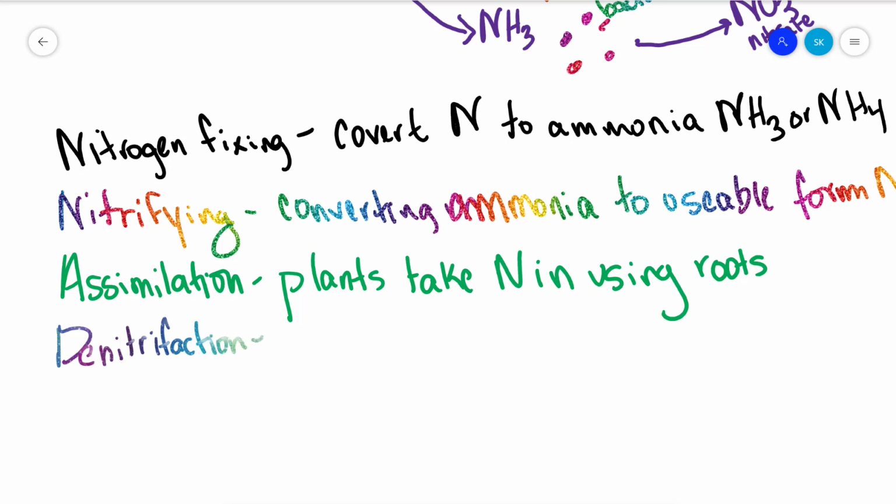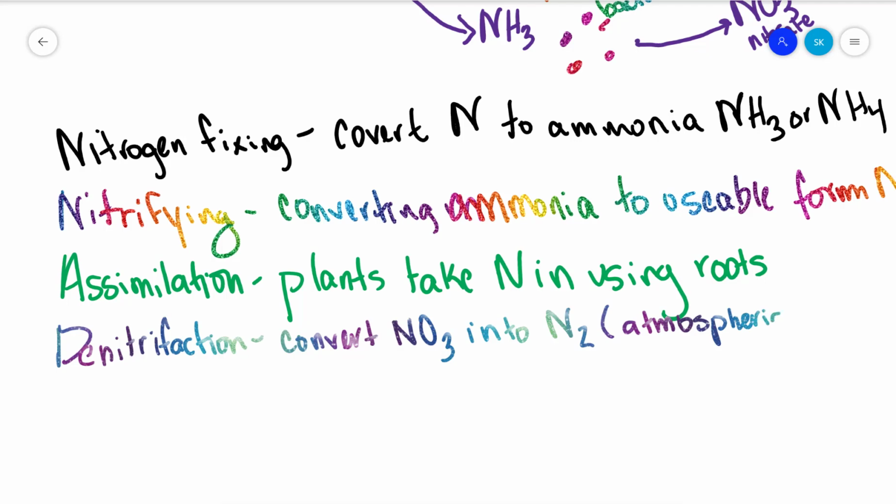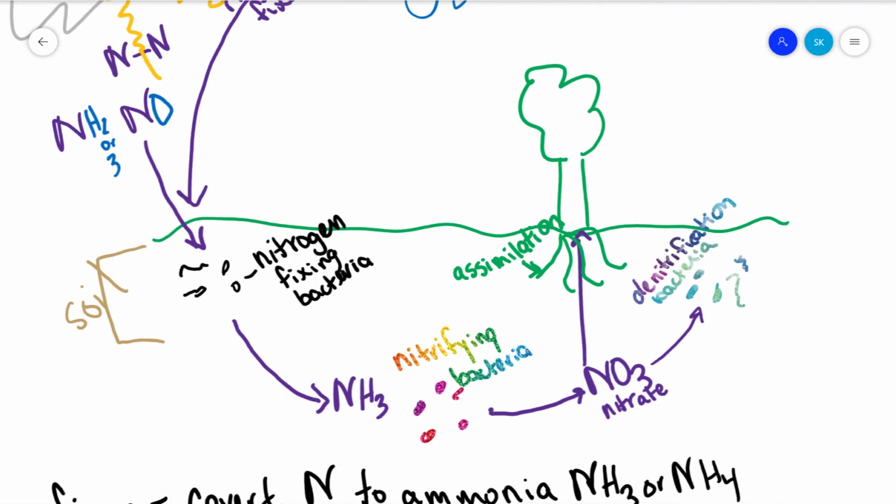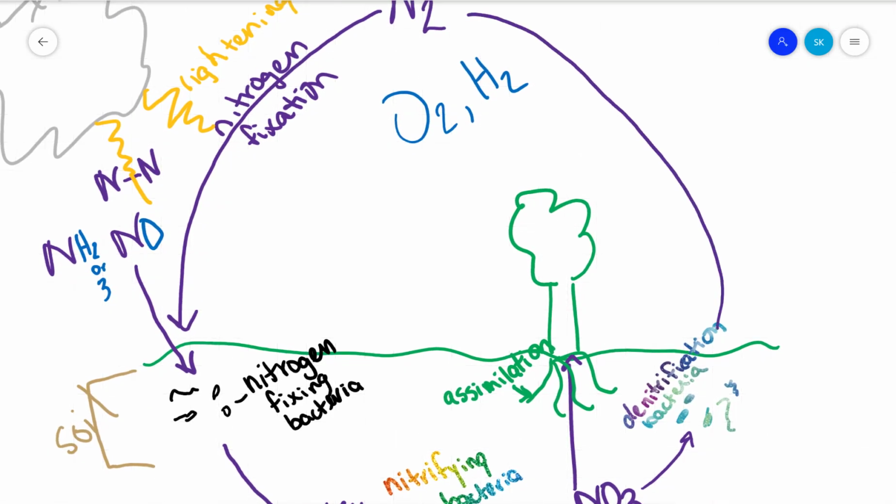This is going to convert the NO3, or the nitrate, into nitrogen, which is atmospheric nitrogen. All right, so now we went all the way through this denitrification bacteria, and now we've put this N2 back into the environment.